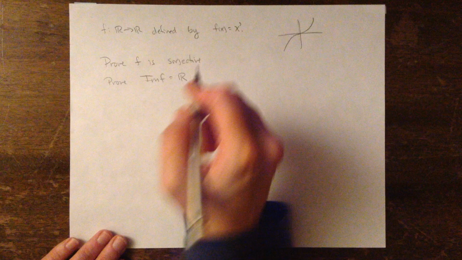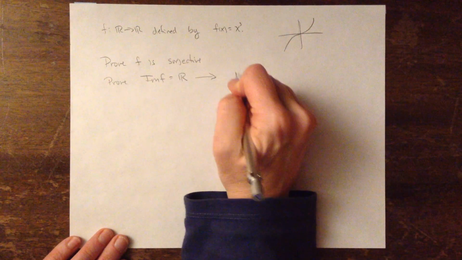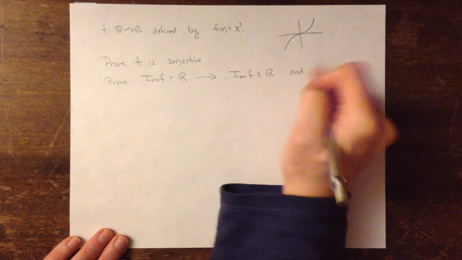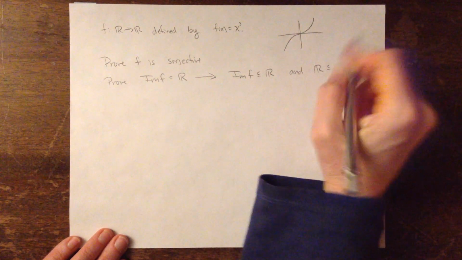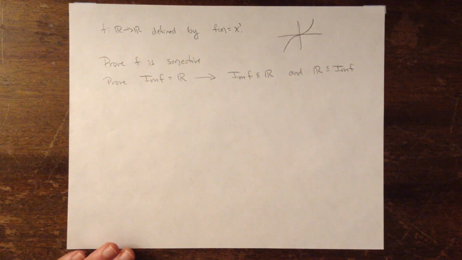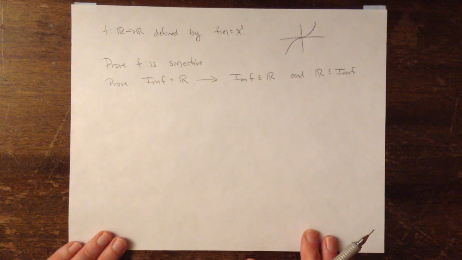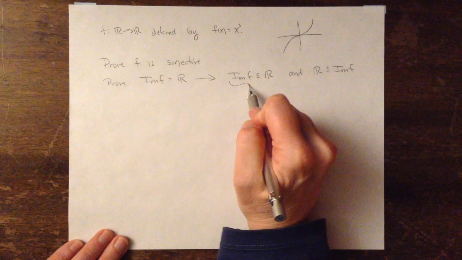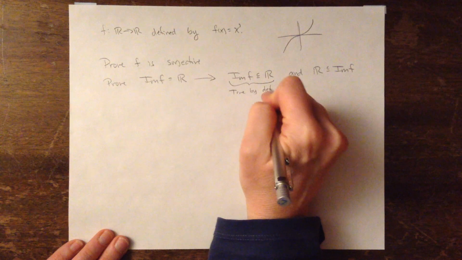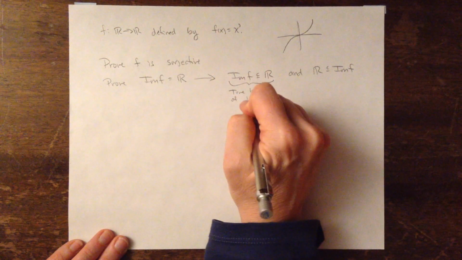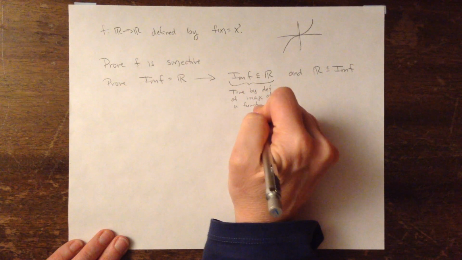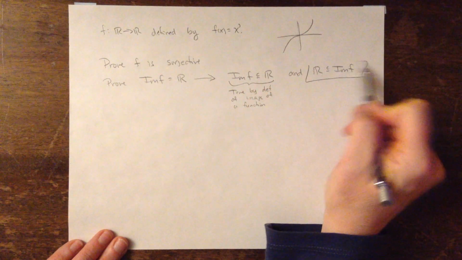We know that means we have to show two things: that the image of f is a subset of the reals, and the reals is a subset of the image of f. So both of those things we need to show, sort of. This one is true by the definition of image of a function. So this is the one we really need to prove.